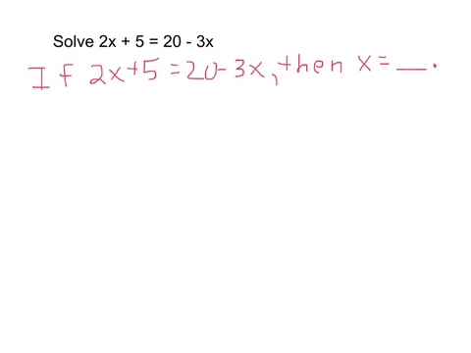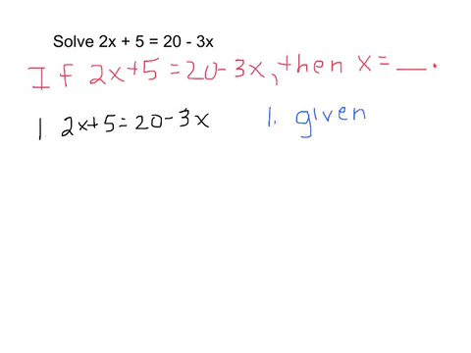All right, here we go. So statement one, the first statement we're always going to make, number one, is the given information. 2x plus 5 equals 20 minus 3x. Okay? And our justification for that is going to be that that was given. Nothing fancy there.